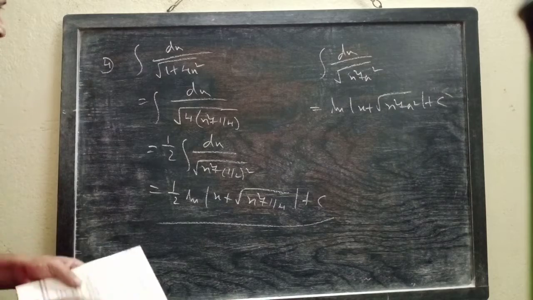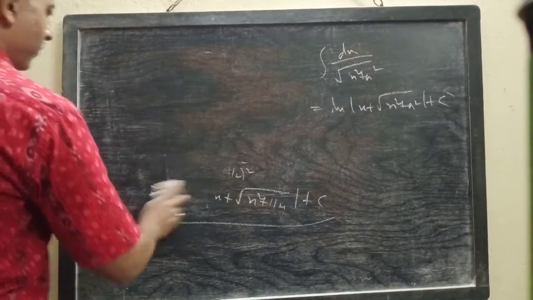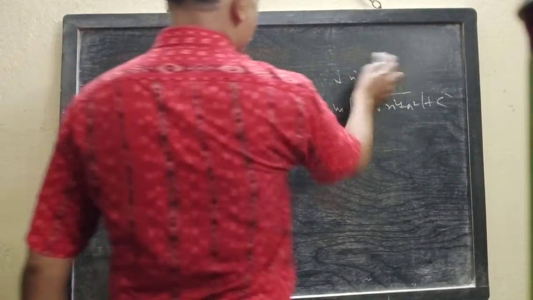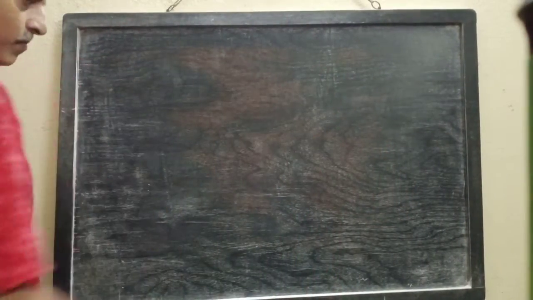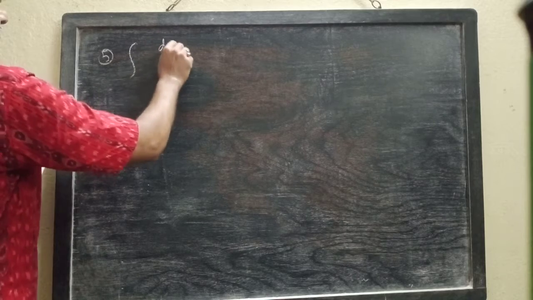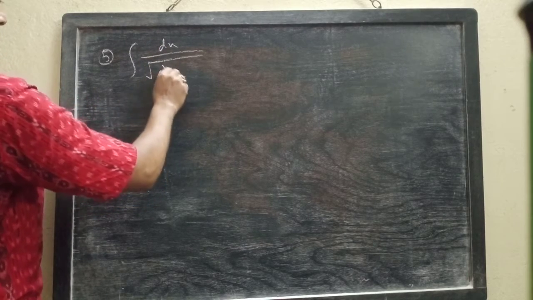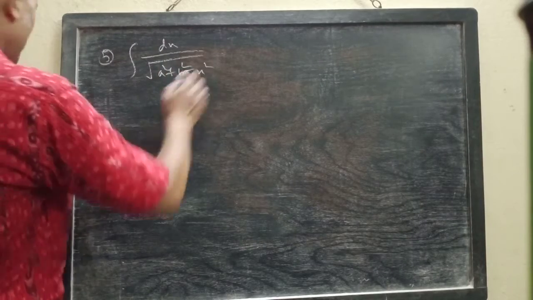Next question, number 5. Integration dx by under root a square plus b square minus x square.